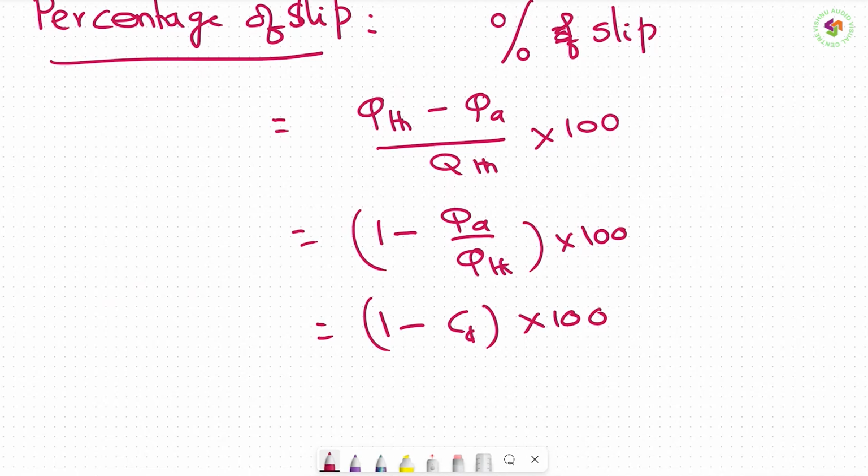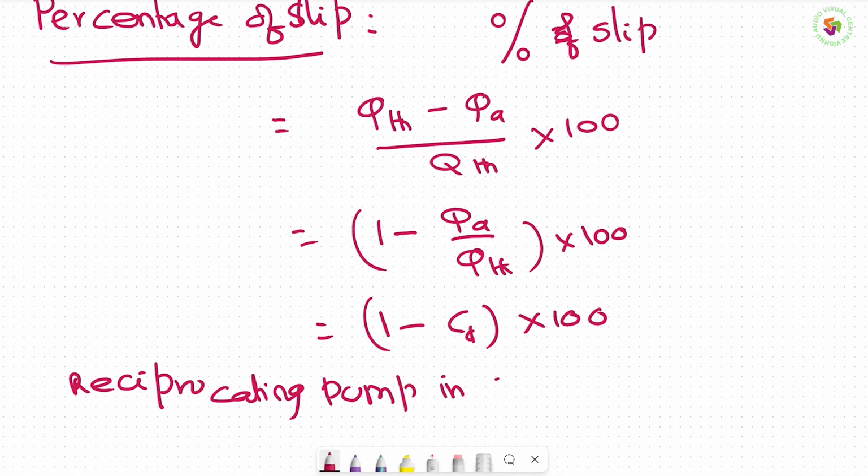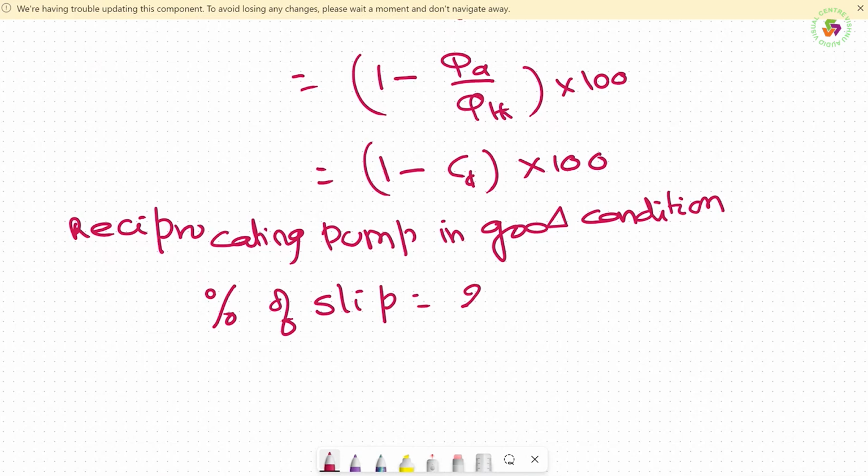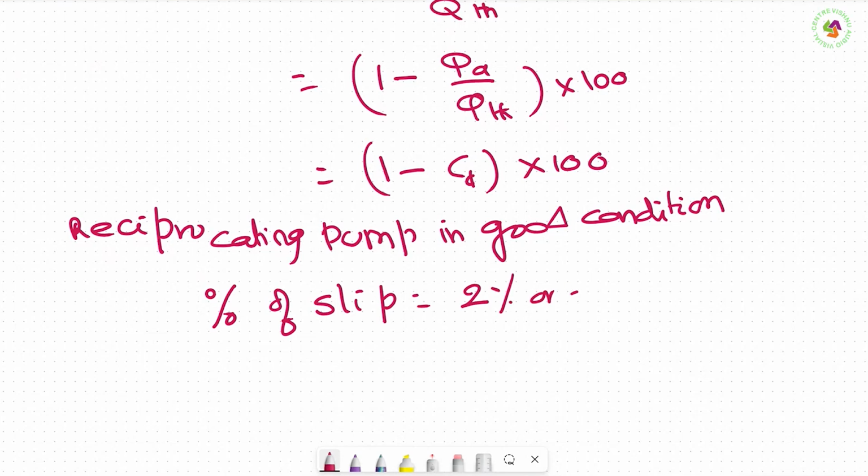Normally, for a reciprocating pump working in good condition, the percentage of slip is 2% or even less.